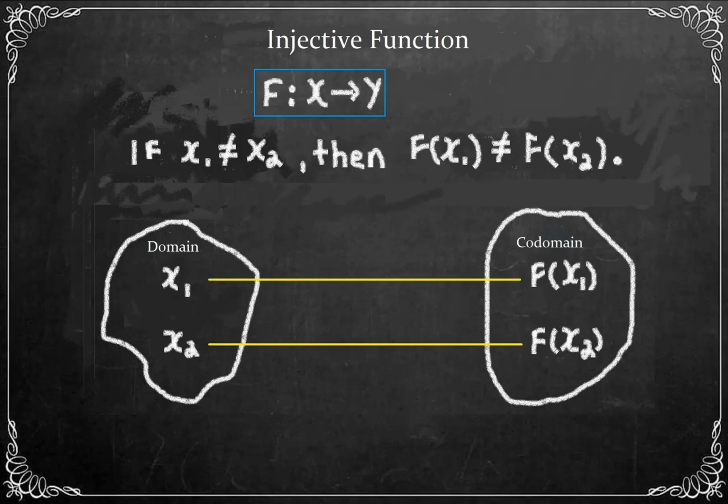This means if x sub 1 does not equal x sub 2, then it must follow that f of x1 does not equal f of x2. In simpler terms, it's defined as a function along with the condition that no two inputs from x map to the same output in y.